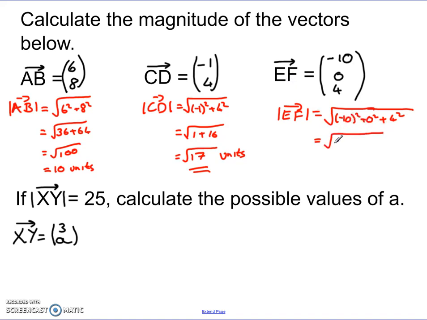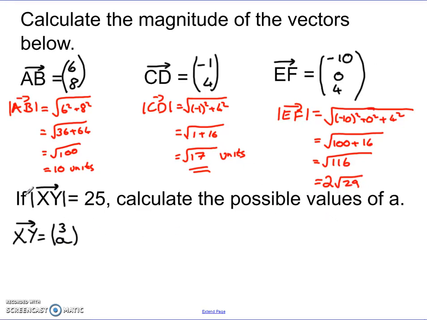So negative 10 squared gives you 100, 0 squared is nothing, so we could just leave that off, plus the 4 squared is plus 16. So it's then equal to the square root of 116. Again, we can leave it in surd form, simplify it as much as you can. You end up simplifying it down to 2 root 29. So calculating them, fairly straightforward.